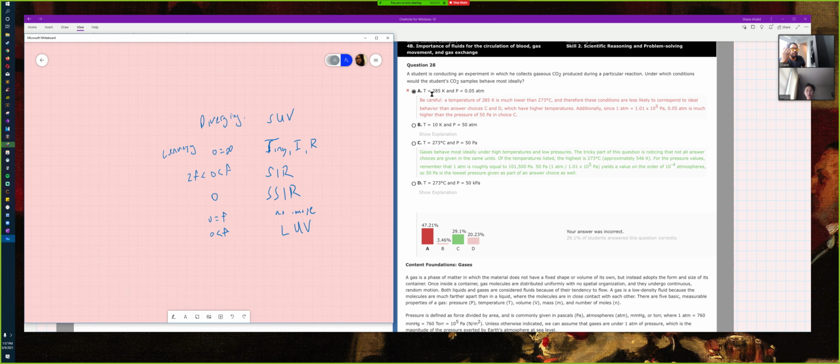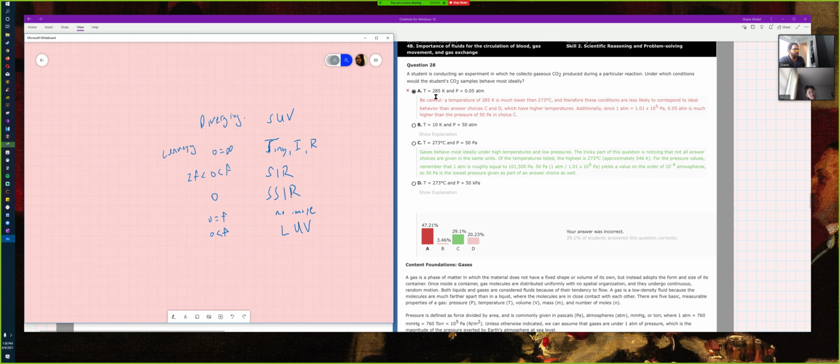I think I will cross out the answers that had Kelvins, because Kelvin is low temperature. You have to subtract 273 to get to Celsius. C and D already have really high Celsius temperatures compared to the Kelvin, so I would just cross out A and B.